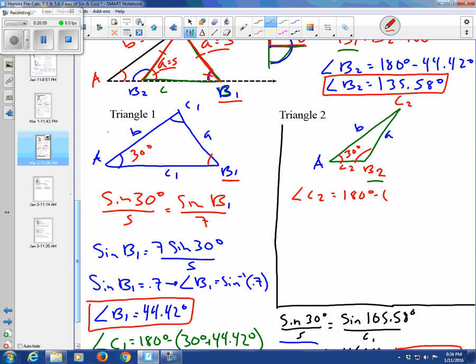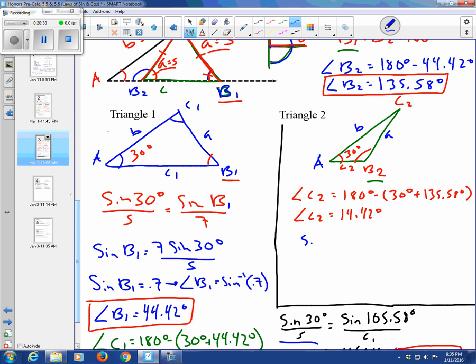So we're saying 180 minus 30 degrees plus 135.58 degrees, and that gives us our angle C2 as being 14.42 degrees.